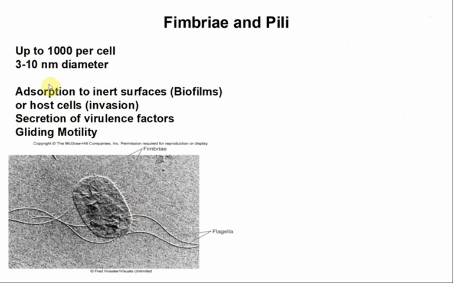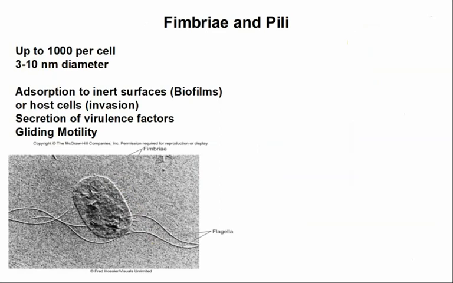They're about 10 nanometers or less in diameter, and their function is either to attach bacteria to surfaces or host cells for pathogenic bacteria. Some of them are hollow, so they're like little needles that can eject stuff, for secretion, and some of them can be used by bacteria to walk around on a surface. So several different functions for fimbriae and pili.